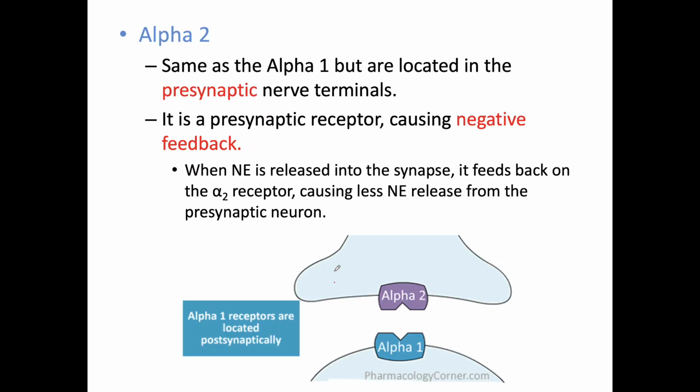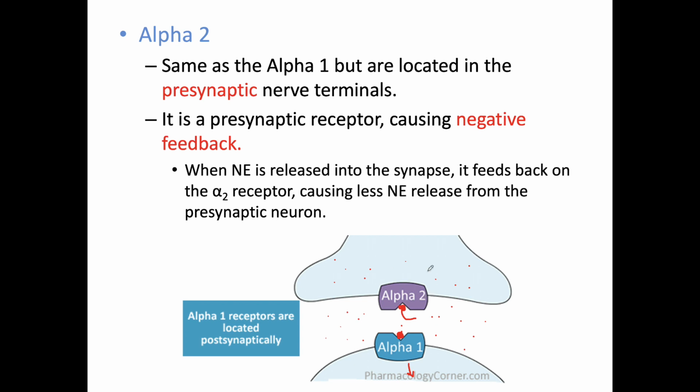So let's draw this picture again. This is your presynaptic cell releasing norepinephrine, and norepinephrine comes and binds to the alpha 1 receptor. The alpha 1 receptor will cause some sort of downstream effect. Eventually, you will have a buildup of norepinephrine in this synaptic cleft, and it will bind back to the alpha 2 receptor to signal that that signaling cascade has completed its run.